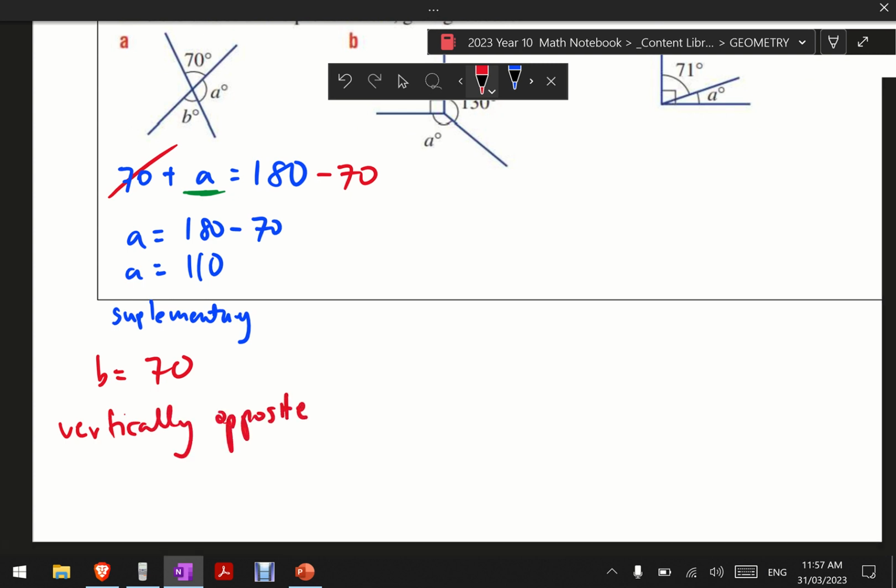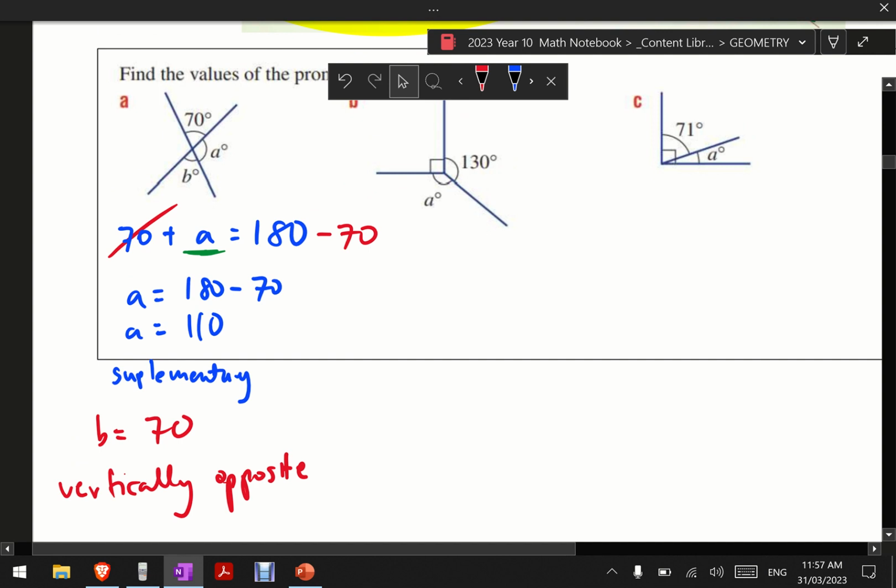Easy. Because remember what we mentioned, if you've got 2 straight lines, the angles opposite of one another are exactly the same. Just put degrees there to make it pretty. Alright, not too hard.